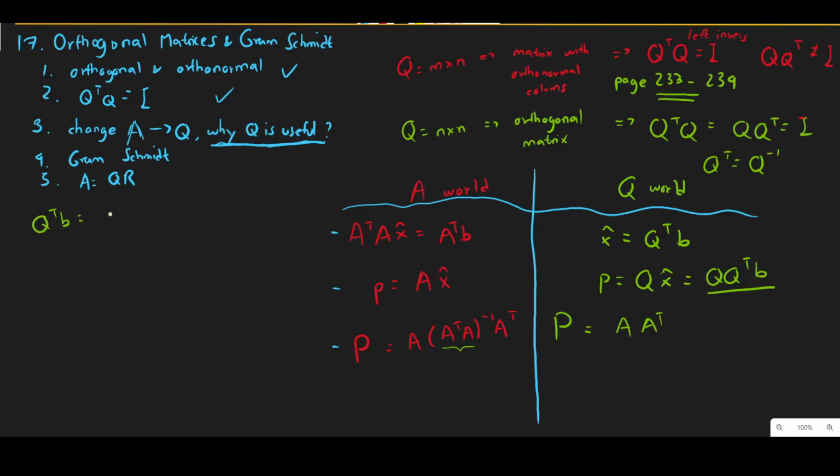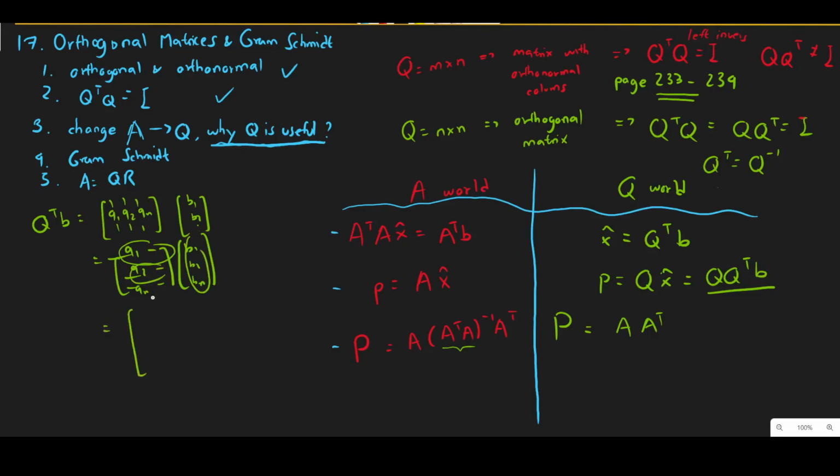This is simply the dot product between each column of Q, let's say Q1, Q2, Qn, and then there's a B here, B1, B2, and so forth. The Q transpose is just the dot product between all of them, one by one. So Q1 dot product with this B, Q2 dot product with this B, and so on.